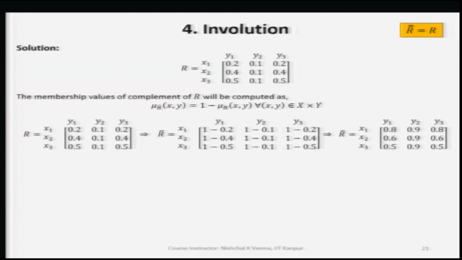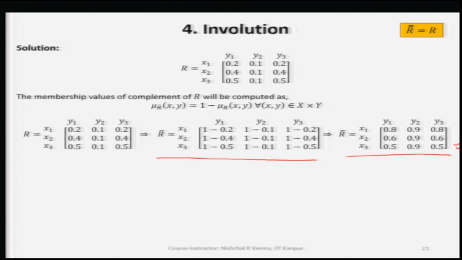Let us first get R bar, that means the complement of R. As we have already done, each of the elements of this fuzzy relation matrix is found by subtracting its membership value from 1. This way we get R bar.